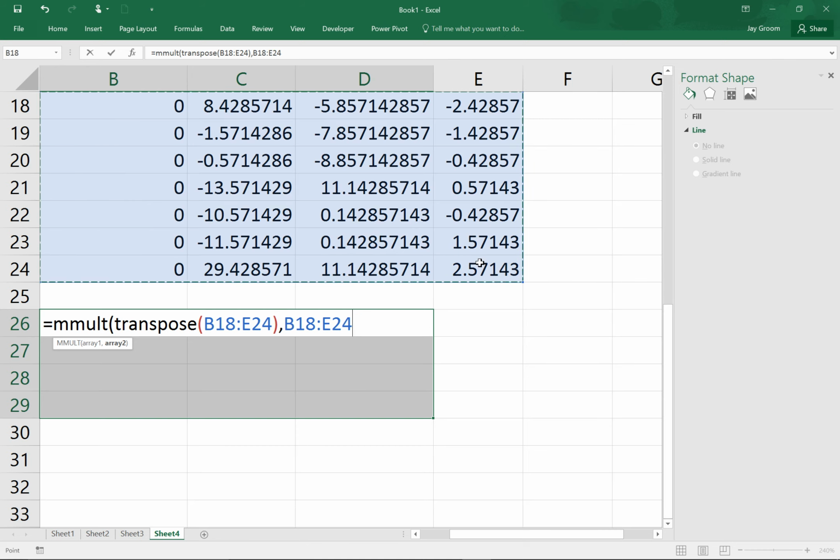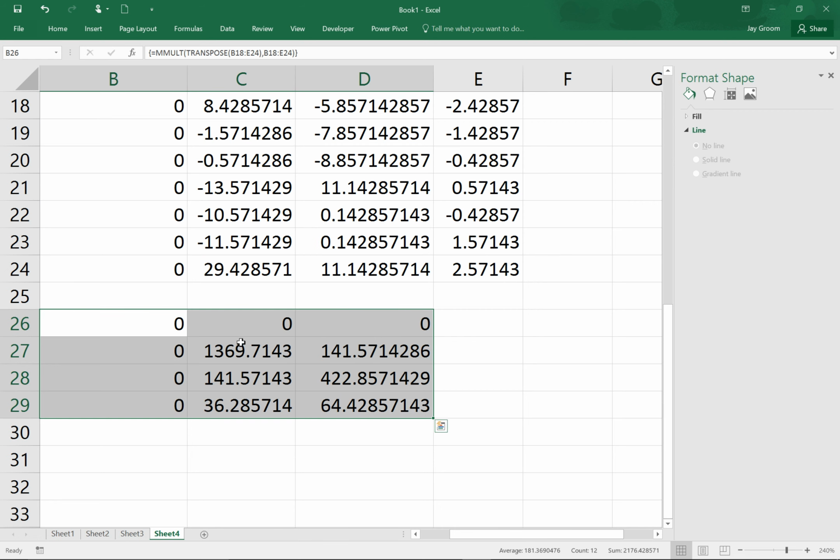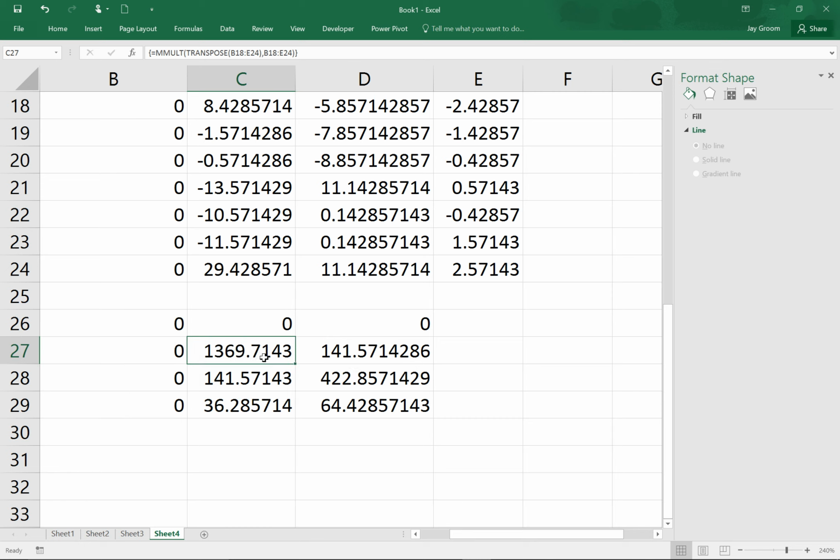Control Shift Enter. Nice. As you can see, the covariance of the zeros with any of the x's is 0. This is the variation within my stress at home.